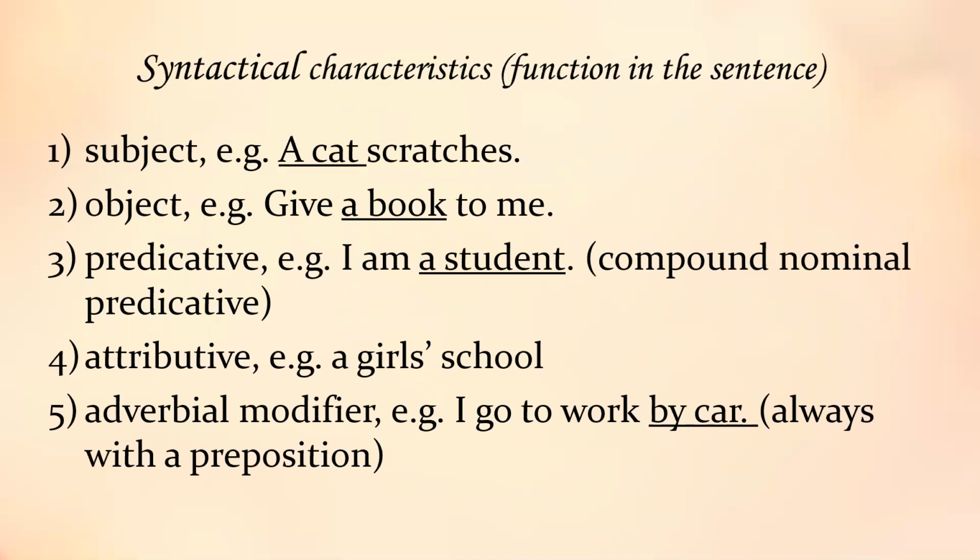Nouns function in the sentence as a subject, object, predicative, attributive, or adverbial modifier. A cat scratches. The noun, a cat, in this sentence functions as a subject. And in give a book to me, a book in the second sentence functions as an object, etc.